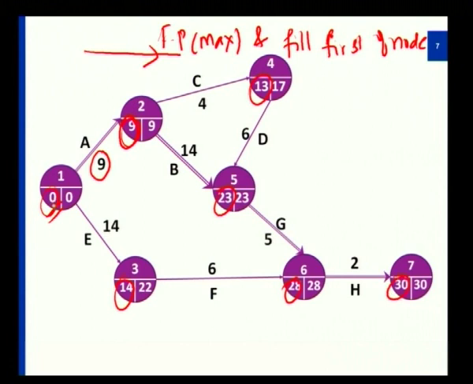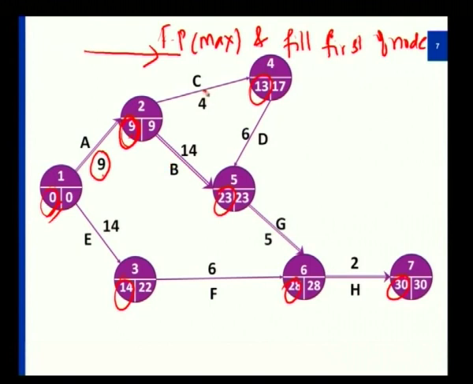When I have started at 0, activity A consumes 9 weeks of my time, so I will be reaching here by 9 weeks. When I reach here at 9 weeks, that is the early start of C and B. For C I require 4 weeks and for B I require 14 weeks.